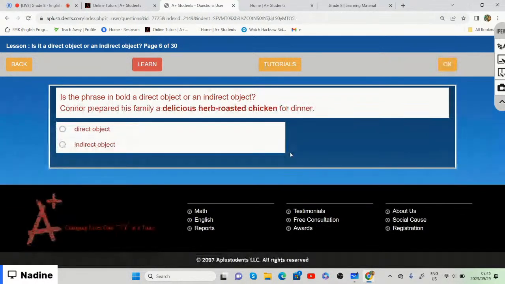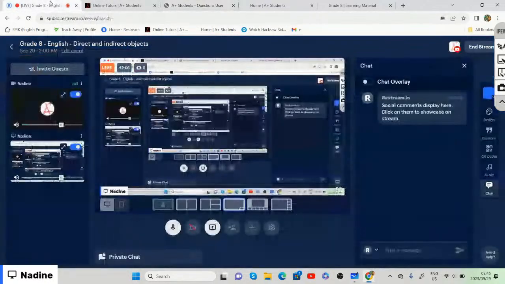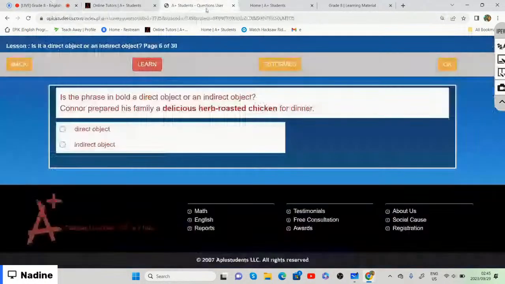Connor prepared his family a delicious herb roasted chicken for dinner.